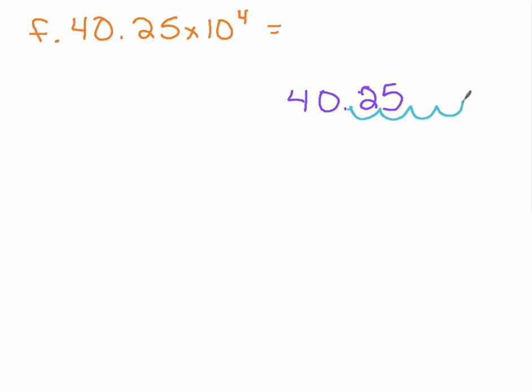So what do I need to do with my empty arches? Put a 0 above each one, exactly. So 40 and 25 hundredths times 10 to the 4th power is, then you go back and you count 1, 2, 3, put your comma, 1, 2, 3, and we're good. 402,500. Make sure you're writing all this down.